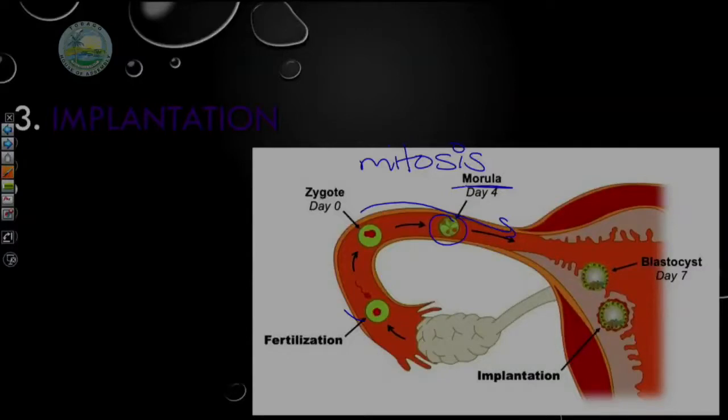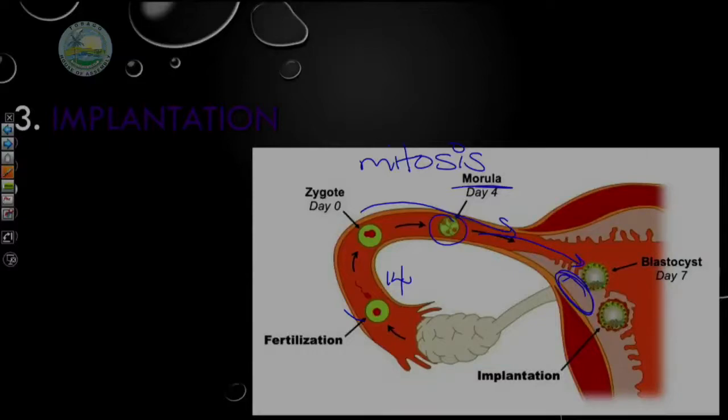So that morula, or the zygote you can call it, continues on its journey into the uterus. Now remember, this would have happened after day 14 or in and around day 14. So 14 plus 4 is 18. So we're looking at around day 18 to day 20, somewhere around there, that mass of cells is going to reach the uterus and this nice cushy area, filled with blood vessels and tissues, and it's going to embed itself into that tissue or lining in the uterus that was being prepared for this very situation.